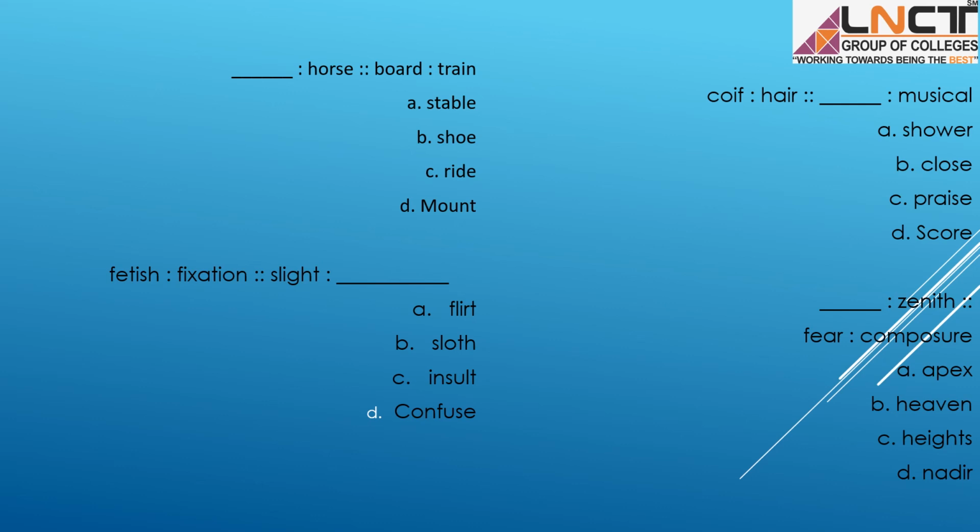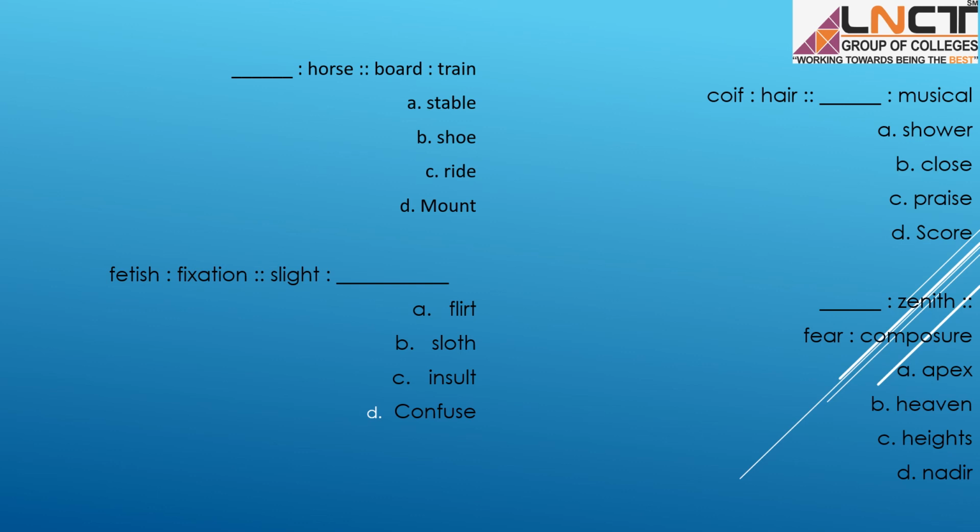The last group is dash is to zenith is proportionate to fear is to composure. Now, zenith is the topmost point. Fear and composure, the pair, is of two opposite words. When we talk about composure, it means that you are composed, you are calm even in adverse situations.